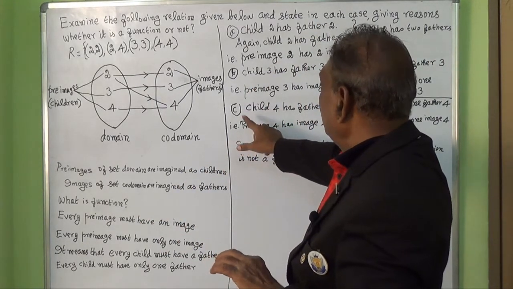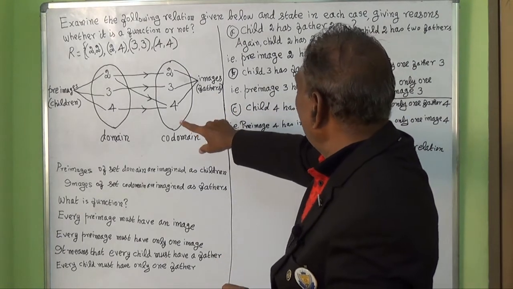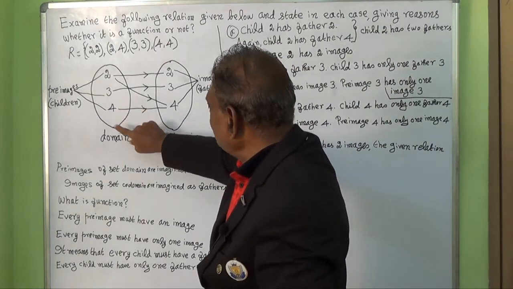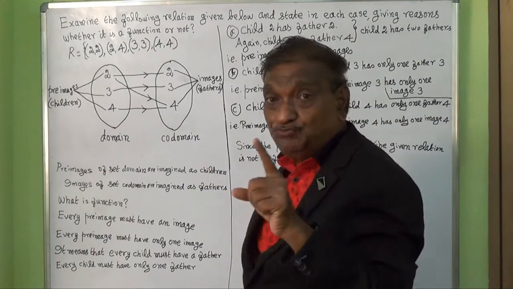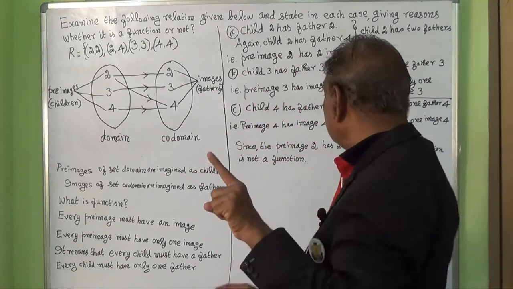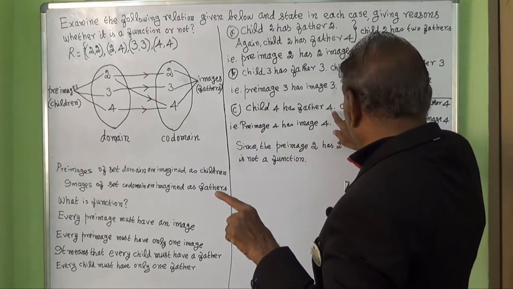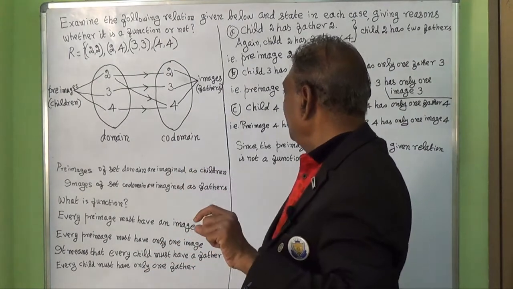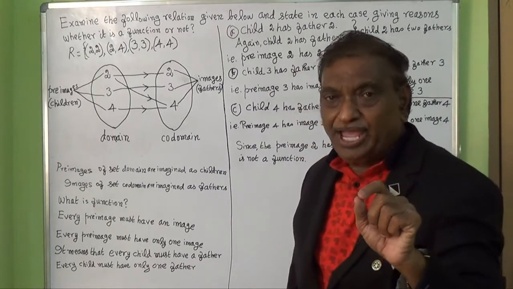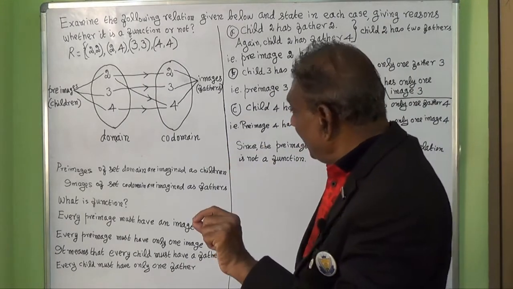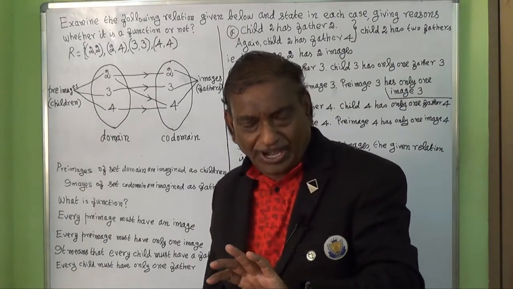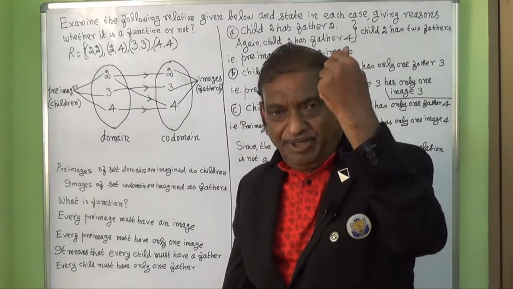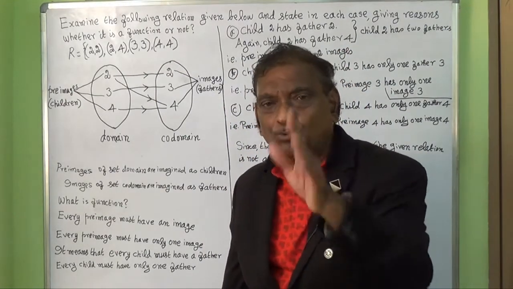Then coming to the third element 4 in the set domain. The child 4 has father 4. The child 4 has only one father 4. It means that the pre-image 4 has image 4 and the pre-image 4 has only one image 4.